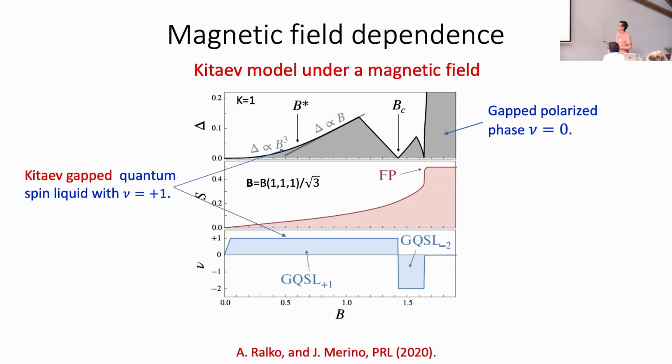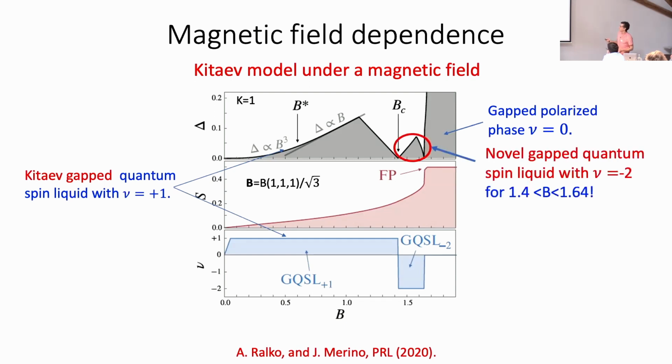So then we will reach the gapped polarized phase, which is non-topological, so it's trivial in that sense. So the main result is that we find this intermediate phase as a function of the field in this region, between the Kitaev gapped phase and the polarized phase.